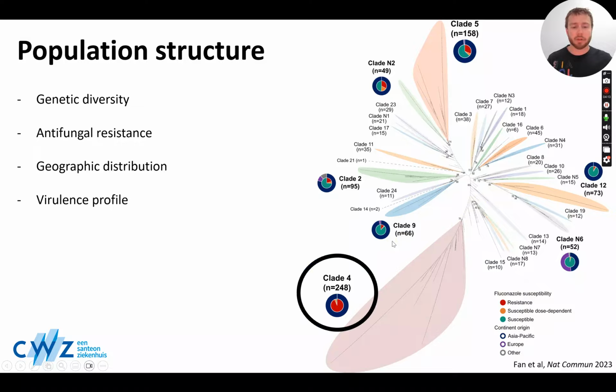And most interestingly is clade 4, because clade 4, as you can see, basically is always resistant to fluconazole. And what they also found is that this clade is highly prevalent in China and also found in India. So, by knowing this, you might change your patient treatment, especially when echinocandins are not available. Fluconazole might not be a good option when you know this clade is prevalent.